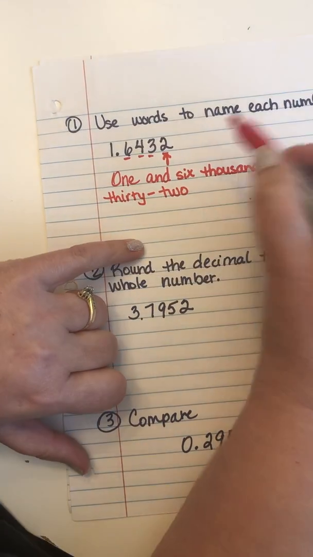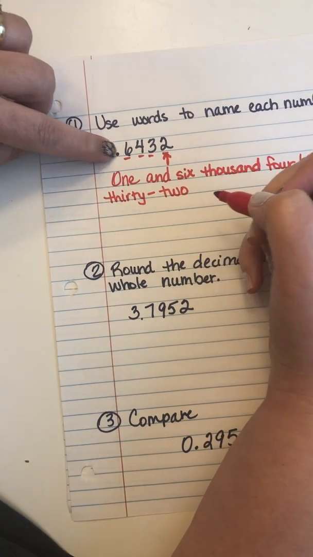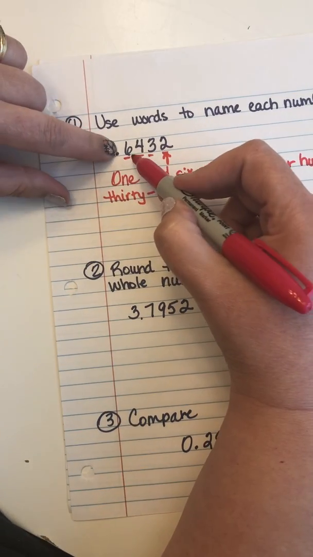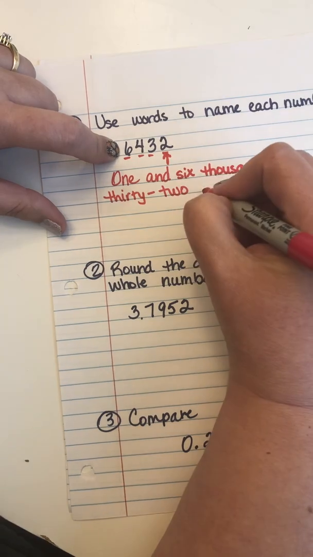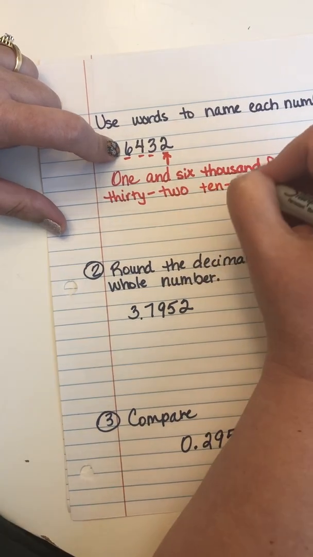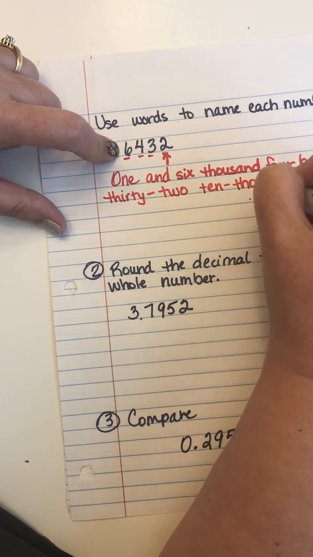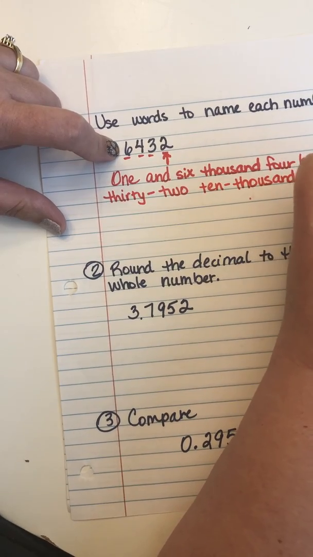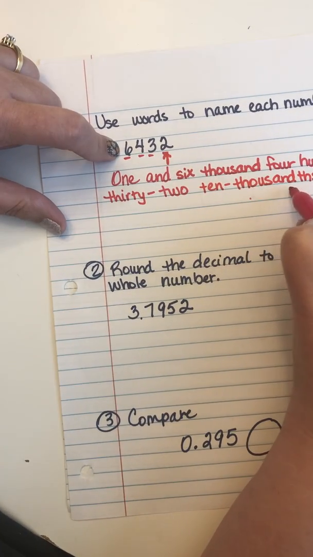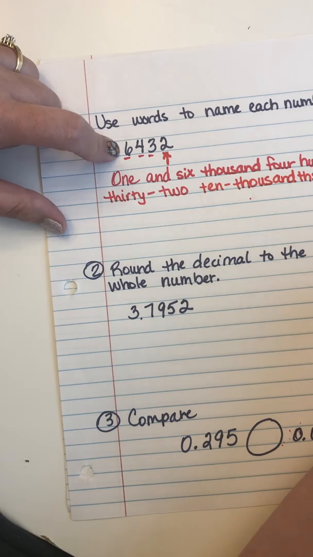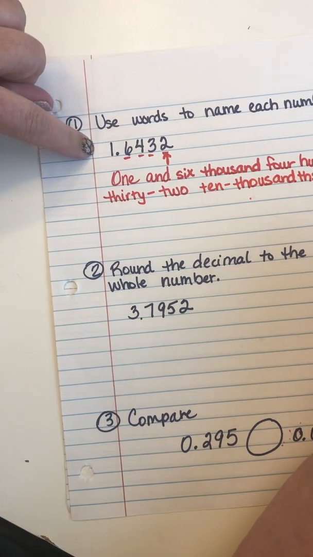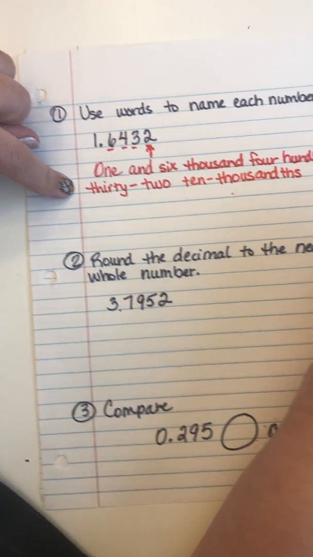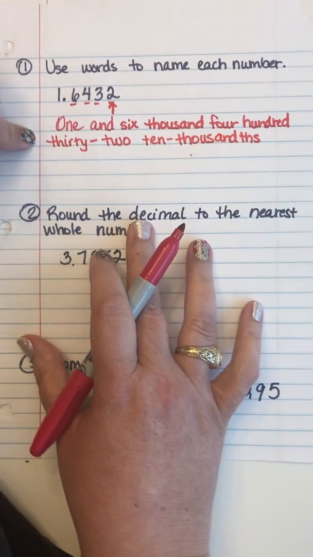So my place value is 1 and then I look at this number, 6,432, 10 hyphen thousandths. Remember, it's like the word thousand with THS added. So that is taking this decimal place and using words to name it.